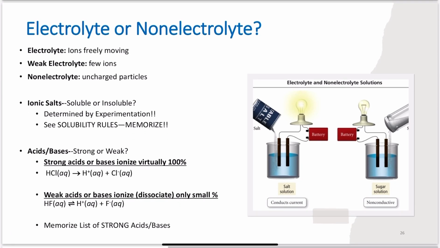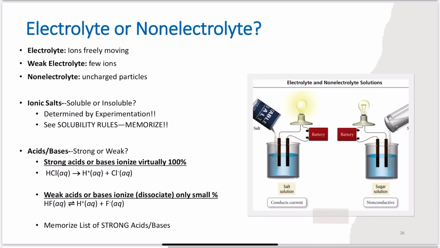So, electrolyte or non-electrolyte, how do we decide? Well, your electrolyte will have ions that are freely moving in solution. Electrolytes as a whole have ions freely moving around. They can fall under strong or weak, but strong electrolytes have a lot of ions floating around.